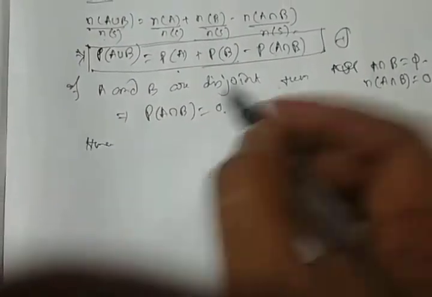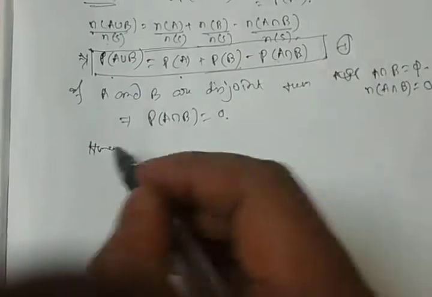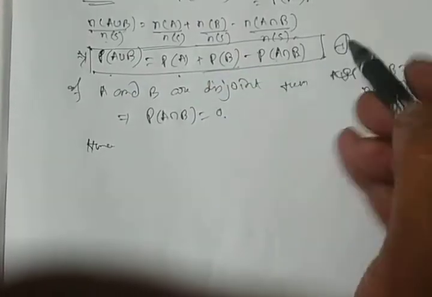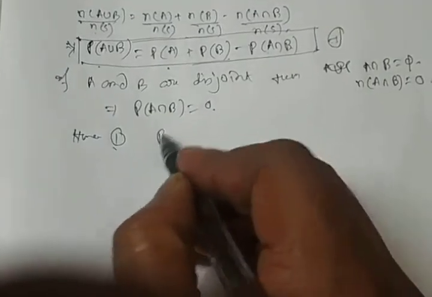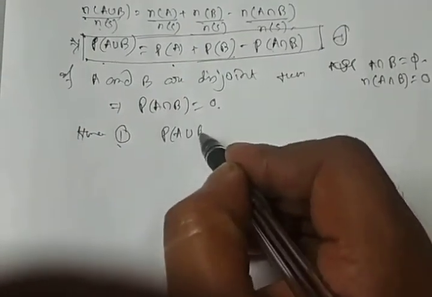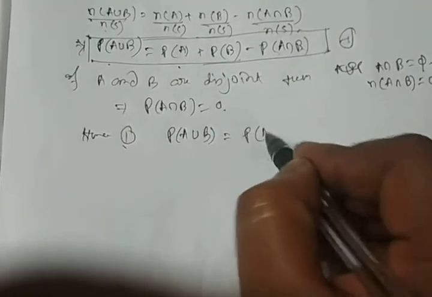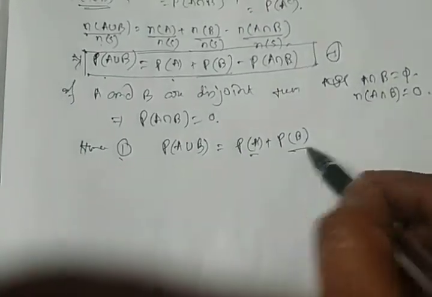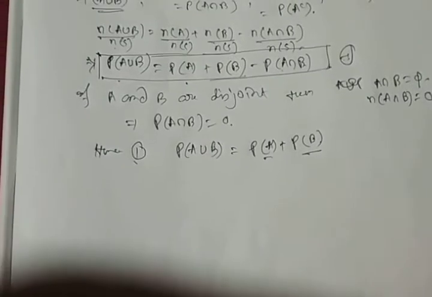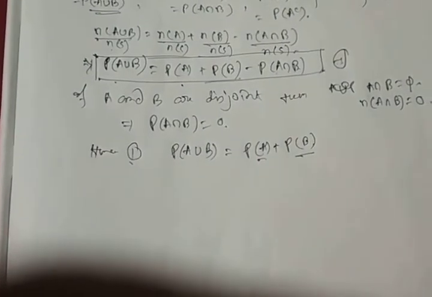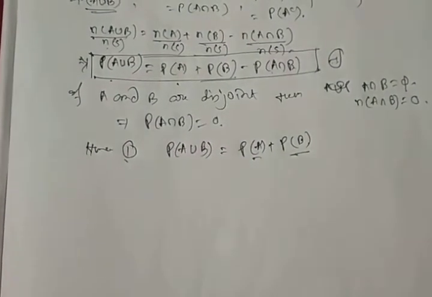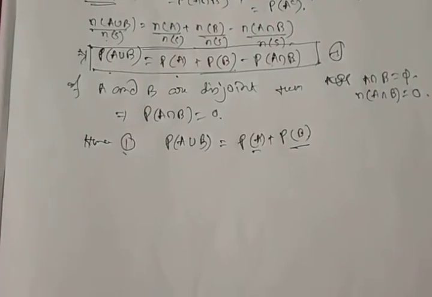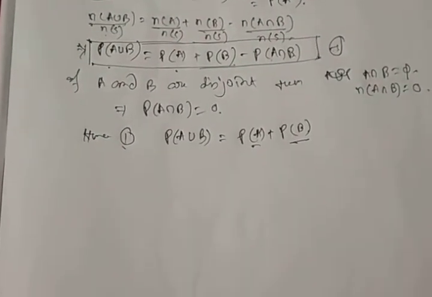Hence from the given above property 1 we will get P of A union B equals P of A plus P of B. So when A and B happen separately, the probability of A or B will be the sum of the probabilities of the individual parts, P of A plus P of B.